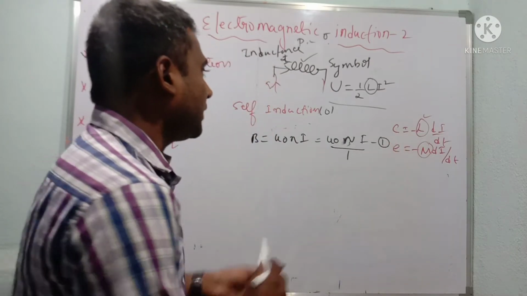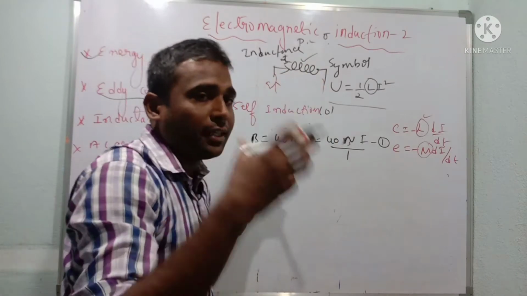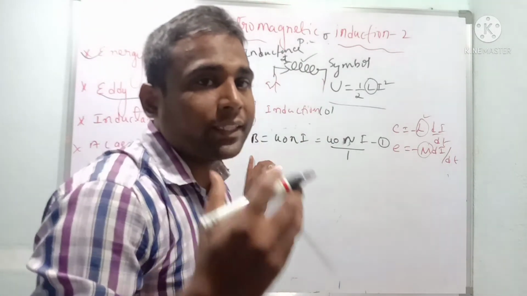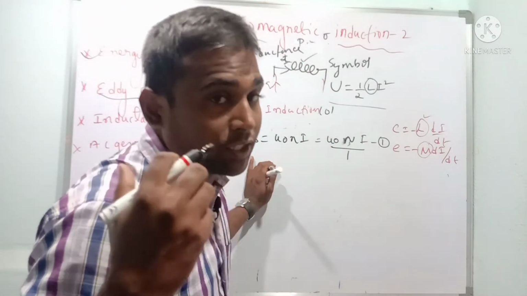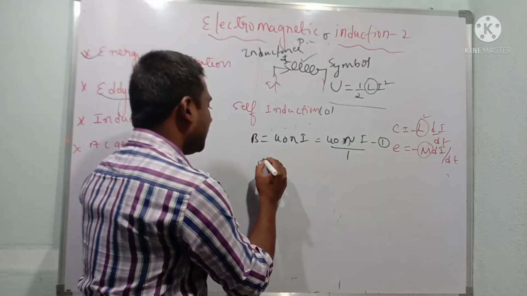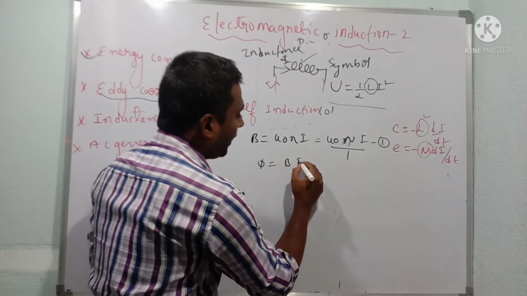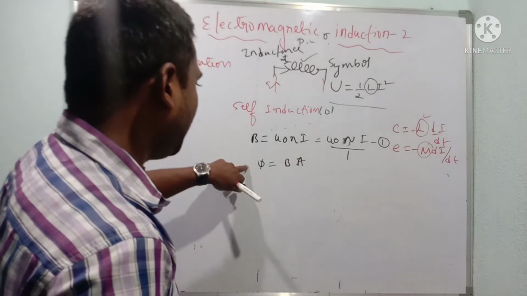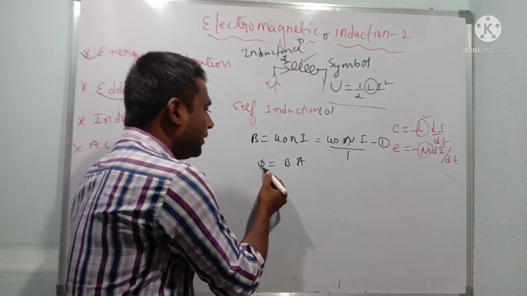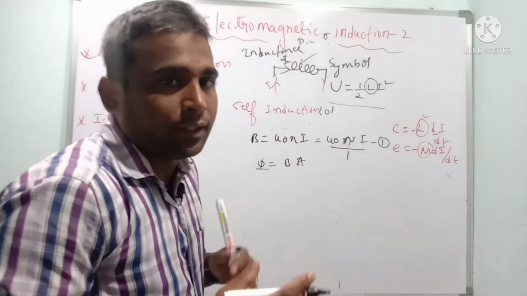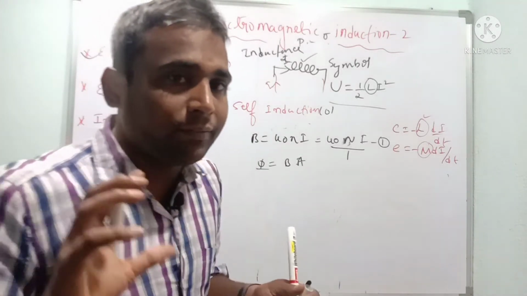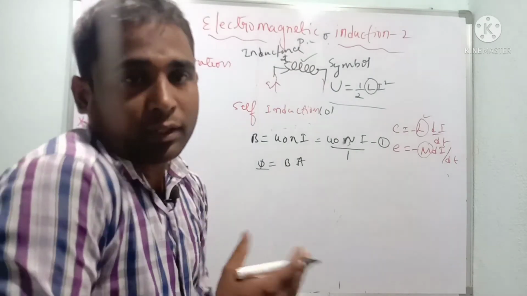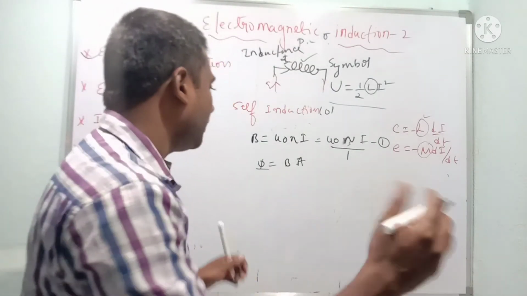We know that the magnetic flux which is changing is the product of the magnetic field and the area vector. So phi is equal to B into A. Dear students, what is this? This is nothing but the change in magnetic flux linked with the coil. We are going to push the magnet, or change the conductor motion.